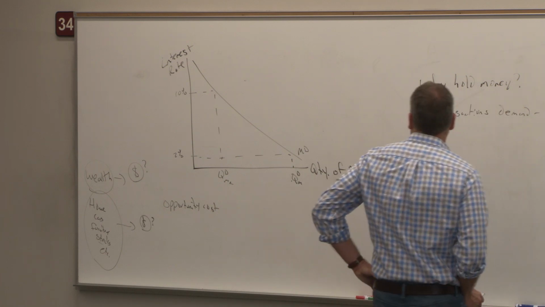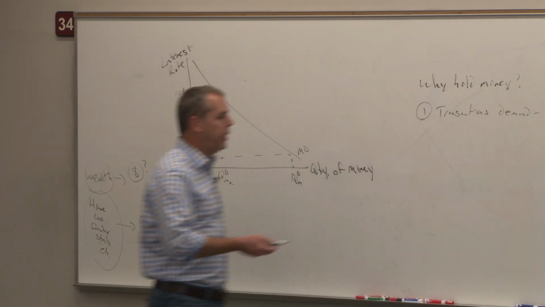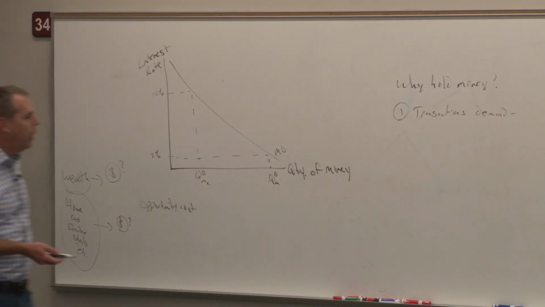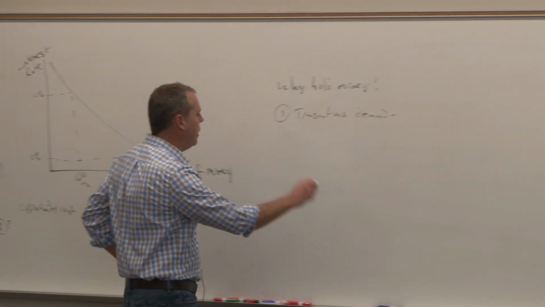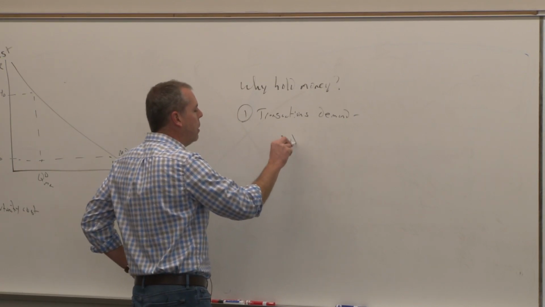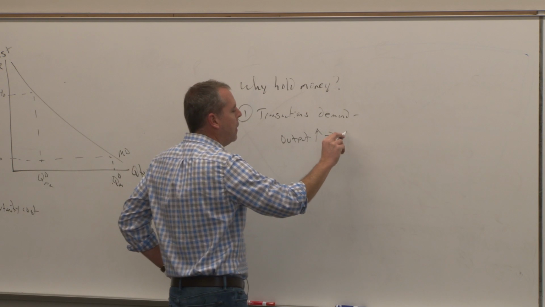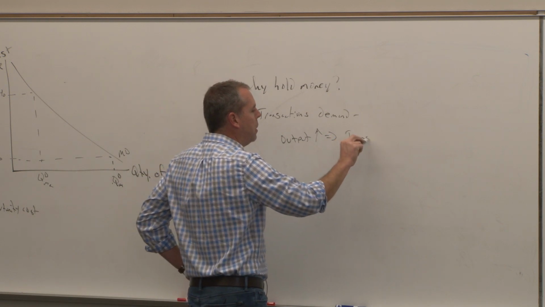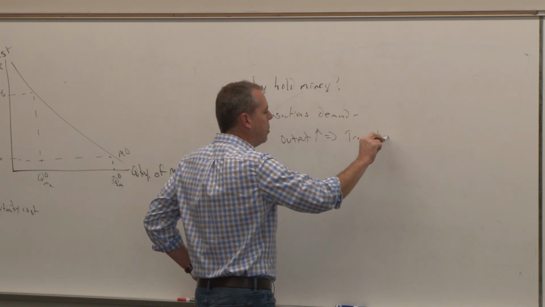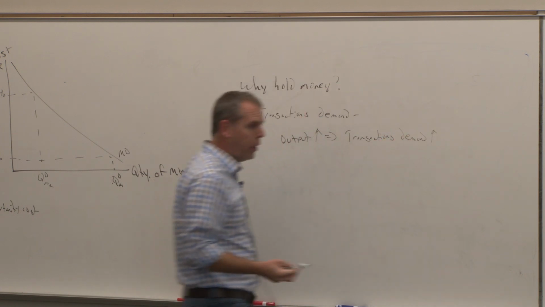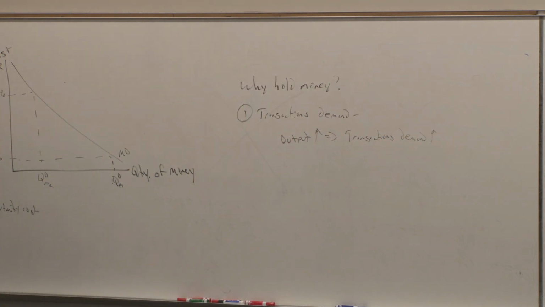So there's a certain amount of money that you need just to be able to conduct the daily transactions of life. And you'll notice here that as output increases, transactions demand is going to increase. You need more of those dollars to conduct those transactions.